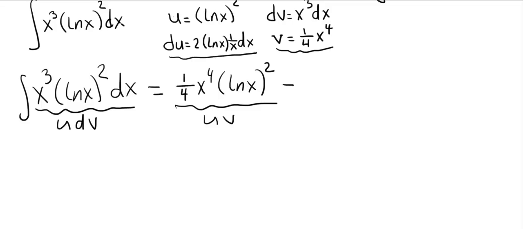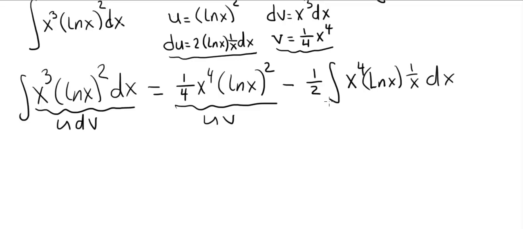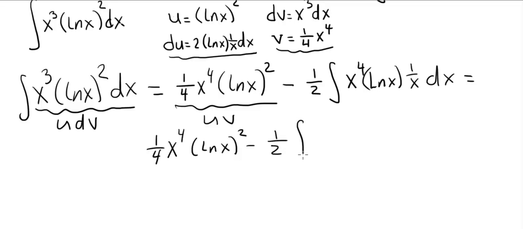Let's multiply. 1/4 times 2 is 1/2, so we have a half out here. And then we have x to the 4th and natural log of x and 1 over x dx. So all of this is the integral of v du. Let me simplify it. This is equal to 1/4 x to the 4th times natural log of x quantity squared minus 1/2 times the integral, x to the 4th over x is x cubed, and then ln of x dx.